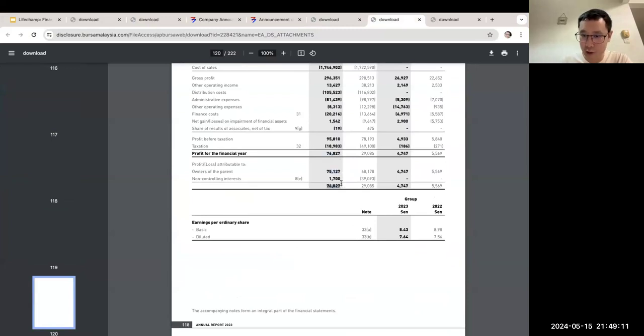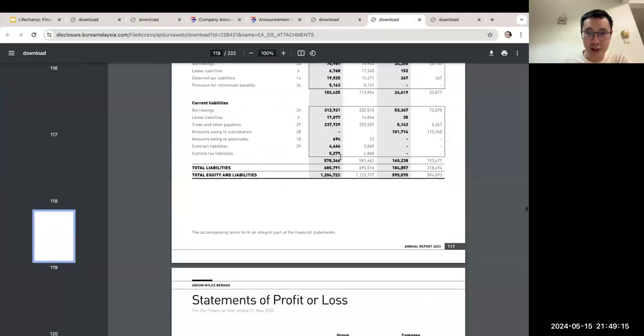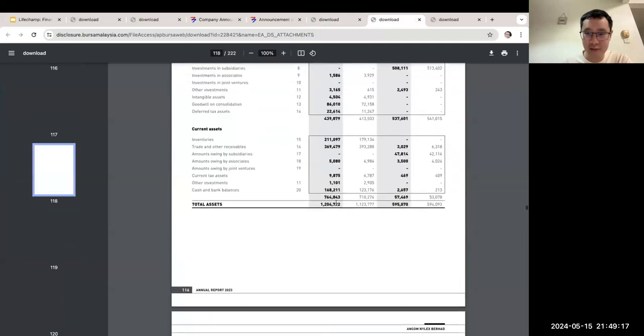For return on asset, you use this. You take this, profit after tax, and then you go here, you find total asset. You divide by this figure times 100%, there you go. That is return on asset.